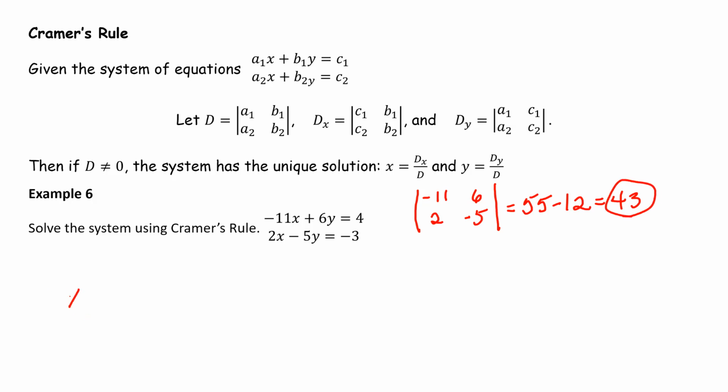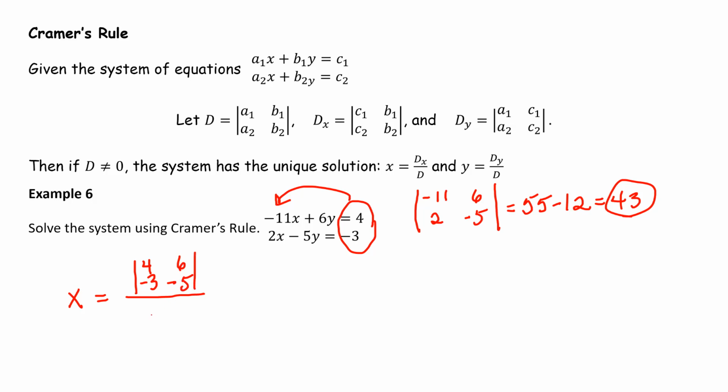Okay, so to find x, I'm going to have this fraction. It's going to have the determinant of the coefficient matrix on top, except I'm going to replace the x column with the constants. So the x column is going to be 4, negative 3, the constants, and the y column will just be exactly what it is, which is 6, negative 5.